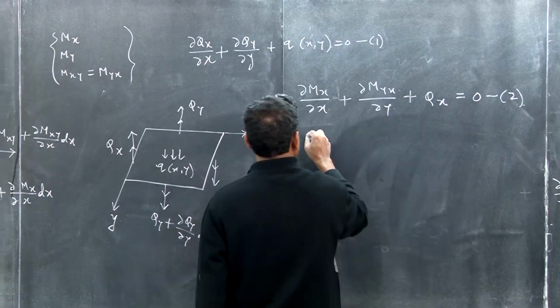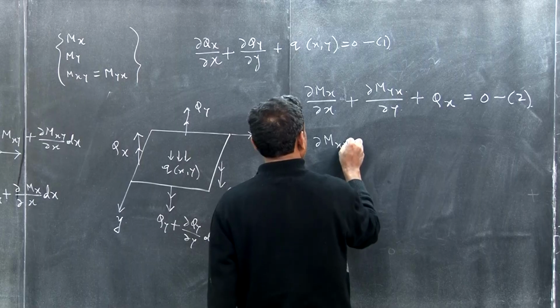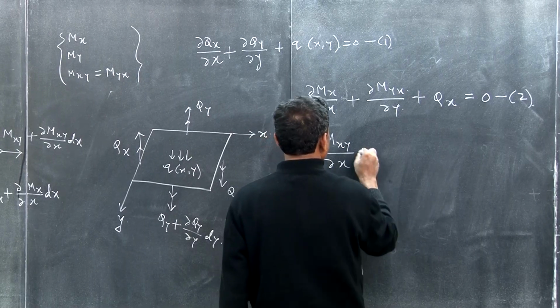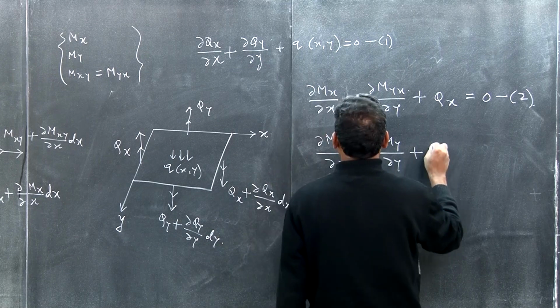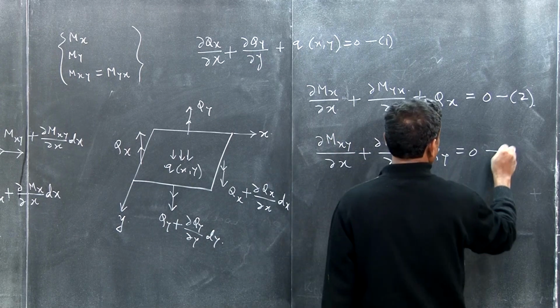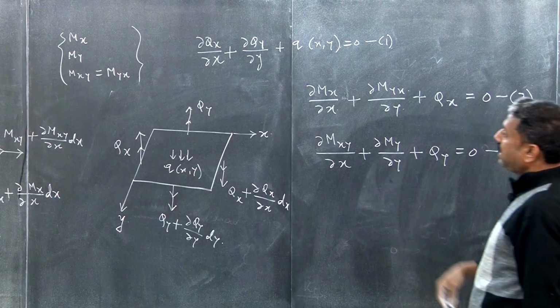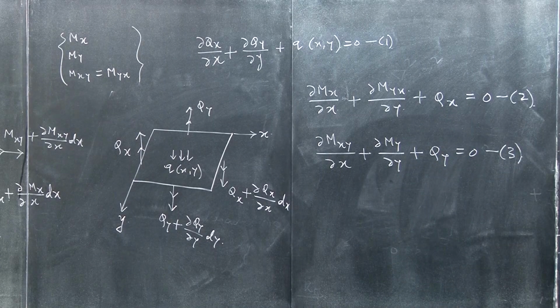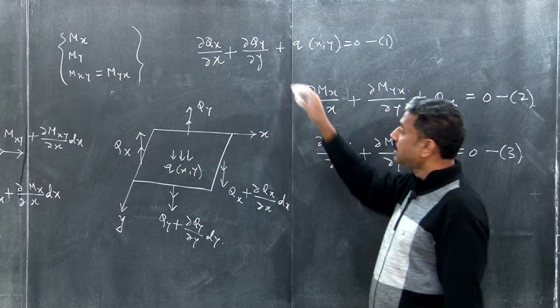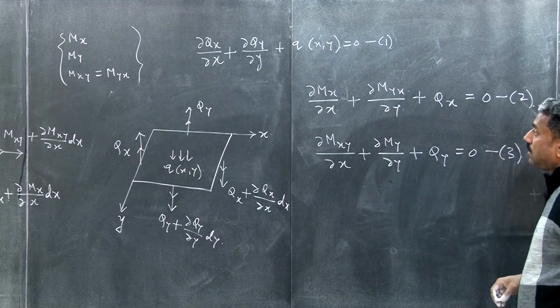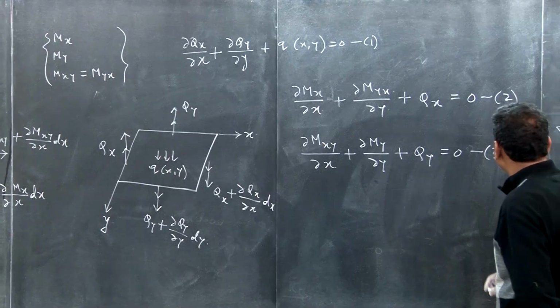And similarly you will also get del Mxy by del x plus del My by del y plus Qy is equal to 0. So if you combine the three equations, you substitute Qx with this expression here, and then you will get the result.